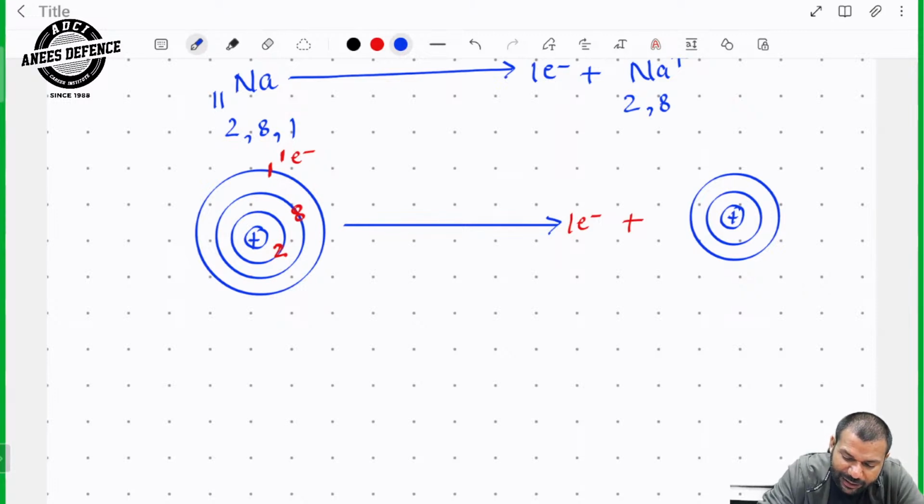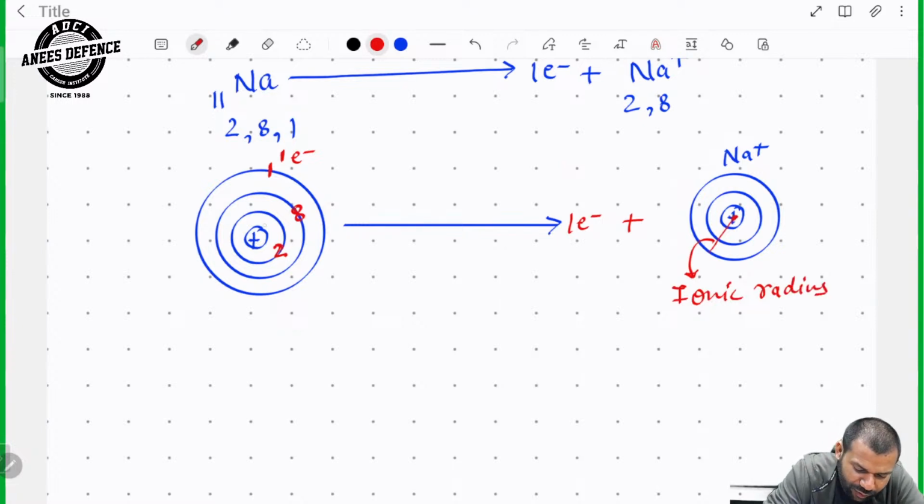So here we have the Na+ ion, and if you look from the center to the outermost shell, this will be the ionic radius. And if you look from here to here, this will be the atomic radius.